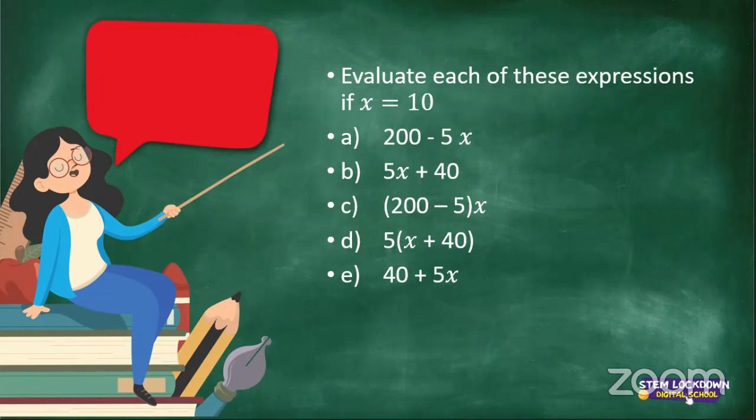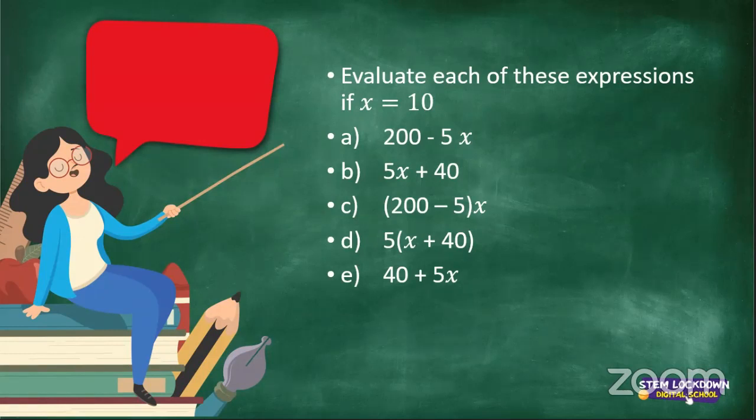Or we can just say 10 multiplied by 5 minus 200. So you said 5 times 10 gives you 50. Then you subtracted 50 from 200. Yes, sir. Get 150. Yes, that's correct.